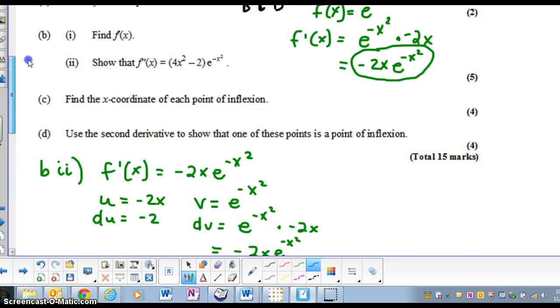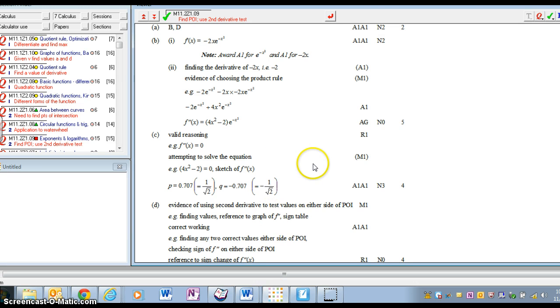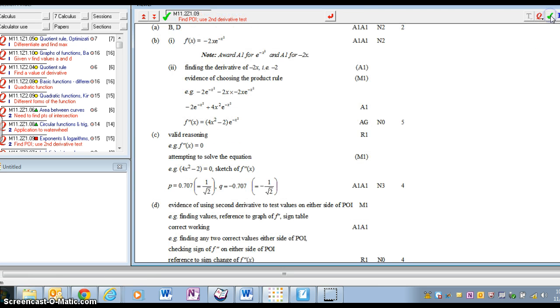The last thing I want to show you is just the mark scheme. If you look at this original problem, we can look at how the mark scheme works. You can see that there are accuracy points sometimes, and then there are method points. So with our first section, we had accuracy points.